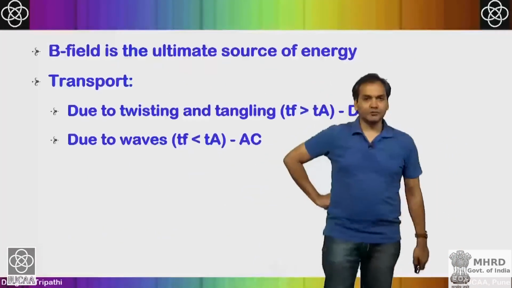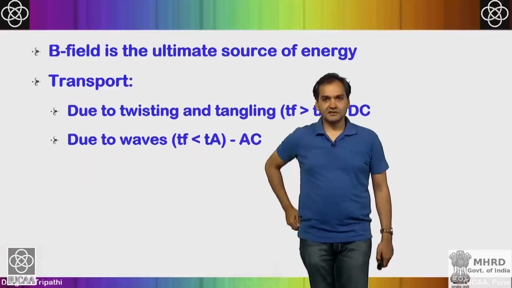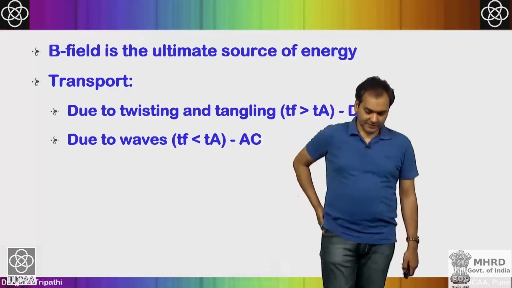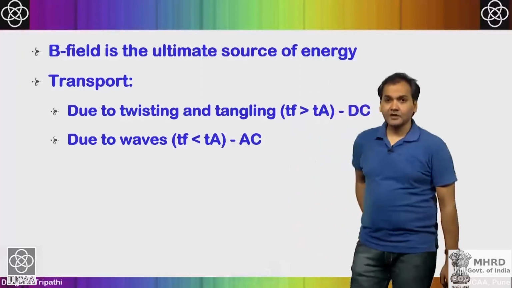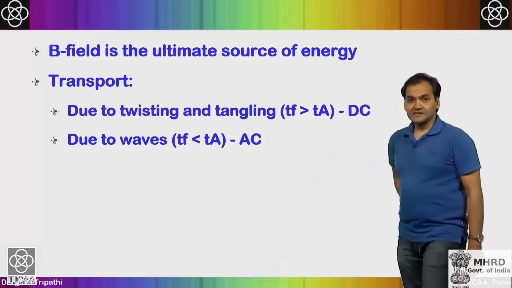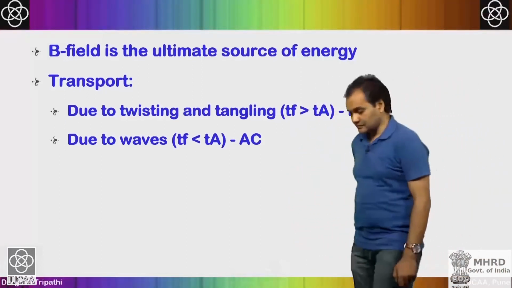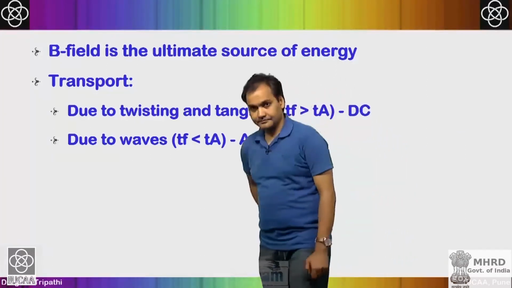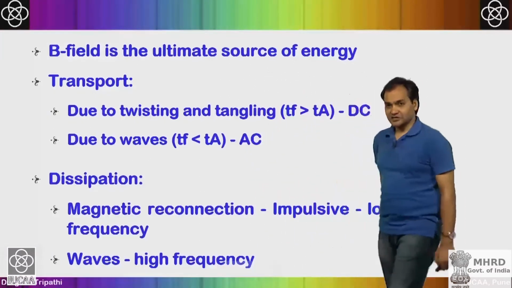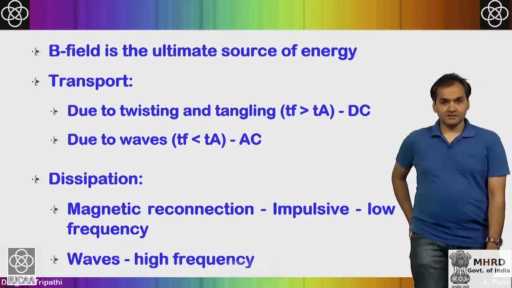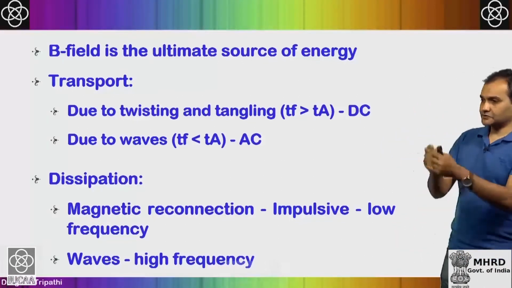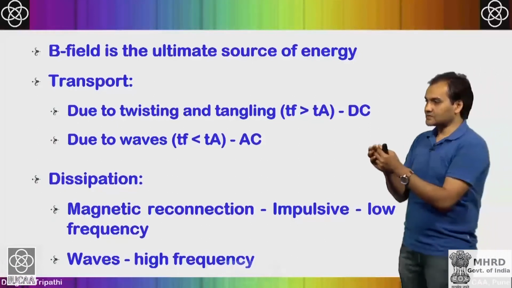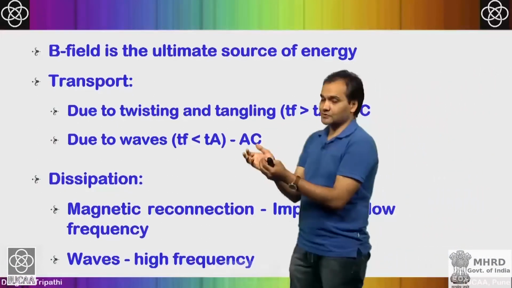So, now we know that the magnetic field is the ultimate source of energy. The transport of that energy could be either due to twisting and tangling, which we call DC heating, or due to waves, which we call AC heating. Now, the dissipation is a more problematic thing, because even if you twist and tangle, of course you are storing energy, but how would you get rid of that twisting and tangling?